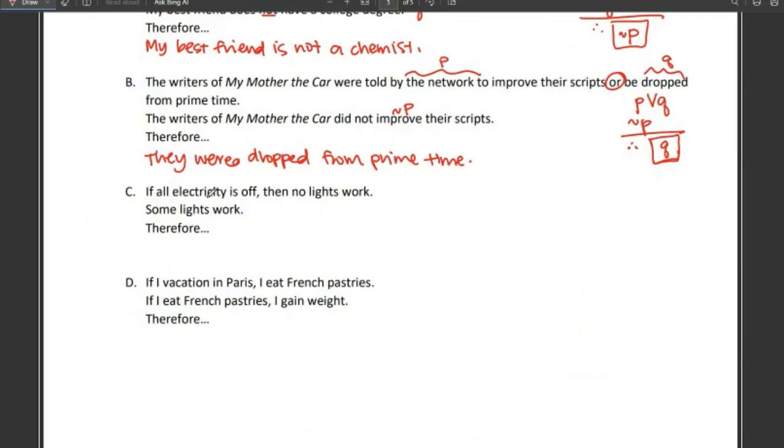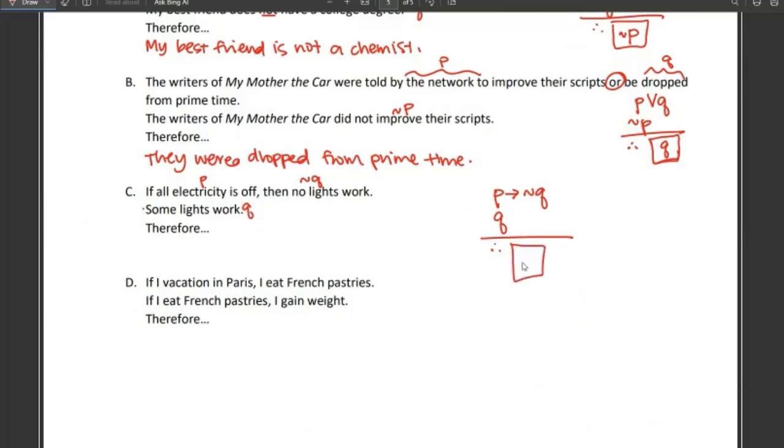C, if all electricity is off, then no lights work. So if electricity is off, we'll name it P. No lights work, let's name it negative Q. Our second premise says that some lights work, so we have positive Q. Therefore, so we have if P, then negative Q, and then we have positive Q. So it looks like we have the contrapositive because we have switched sides and it's negative.